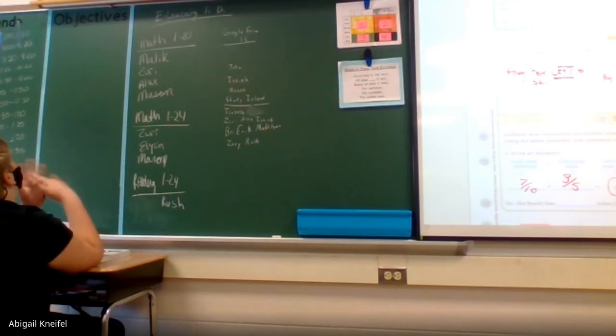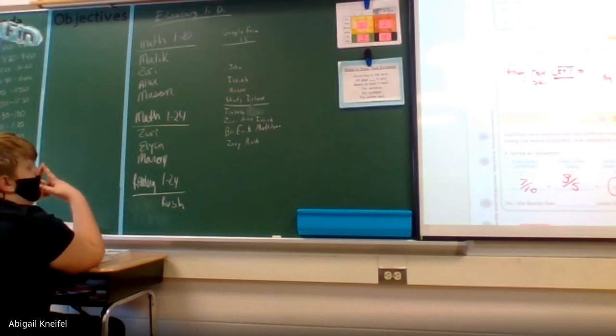I have 3 3/10 minus 3/5. I cannot subtract those fractions. Why not? Right, the denominator is not the same. In order to add or subtract fractions, we have to have the same common denominator.